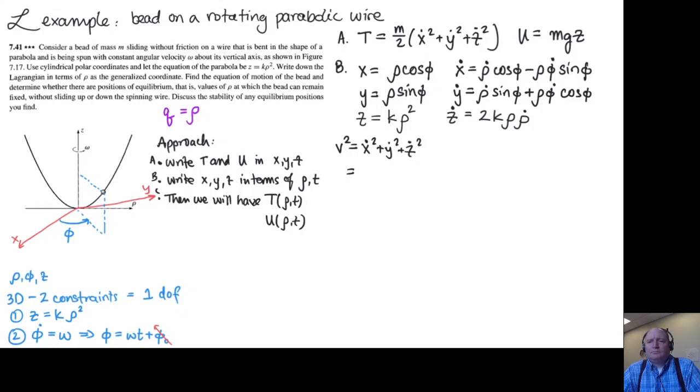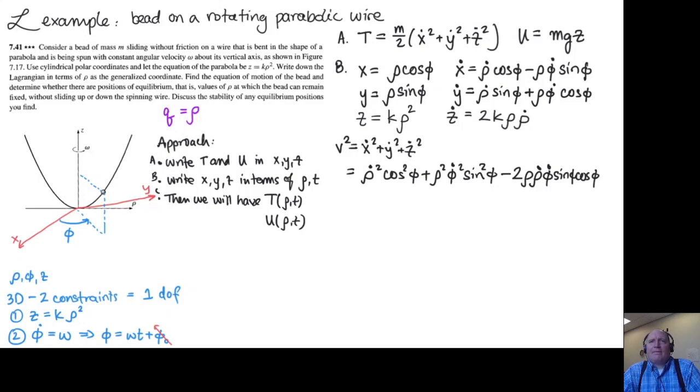I'll write it down here. So for x dot squared, I'm going to get three terms. Rho dot squared cos squared. Again, a potential case for a jump, the second term. But it kind of depends where your students are at. I mean, the fact that it's going to be two times the first times the last term, the fact that there's a 2 there, it's good to do this slowly. Like so.